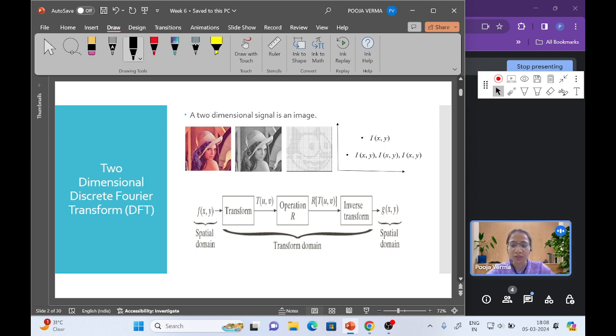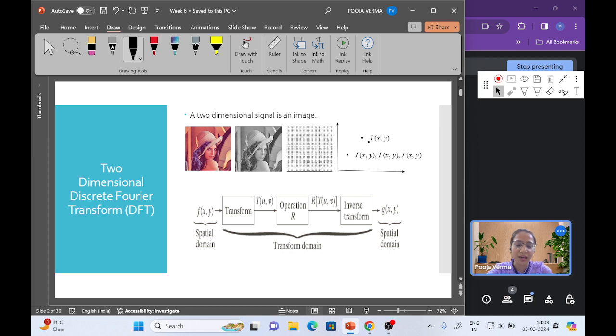We have already gone through the DFT for a one-dimensional signal. Now for two dimensions: the two-dimensional signal is, in general, an image. In order to perform any operation on the image, first we convert it into a gray level image, which is represented at the pixel level in the two terms x and y.